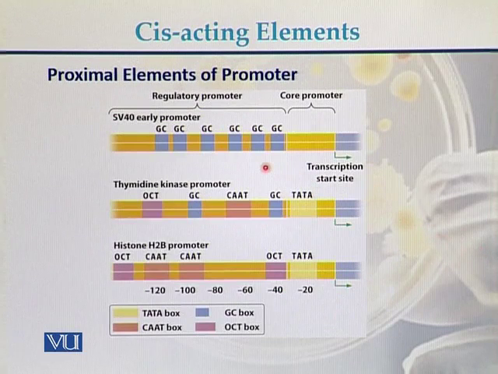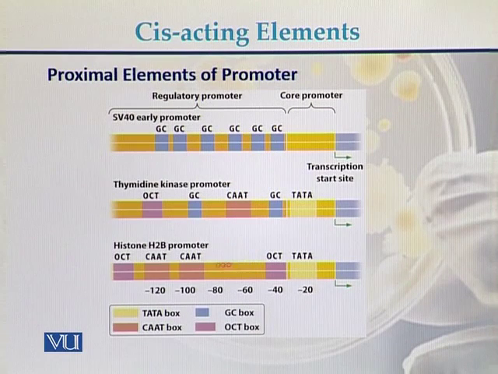What are proximal elements of the promoter? This is the transcription start site. Here is the core promoter region where there is a TATA box. In addition to the TATA box, there can be regulatory promoter regions like the GC box. These are the GC boxes. Here we can see a CAT box.